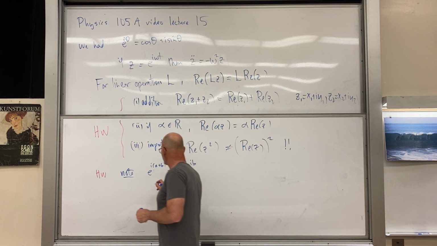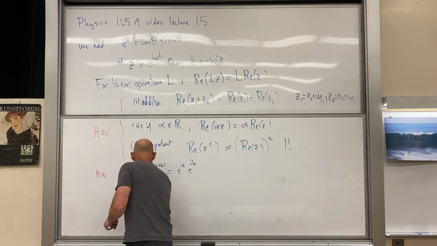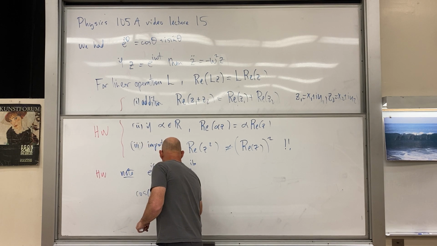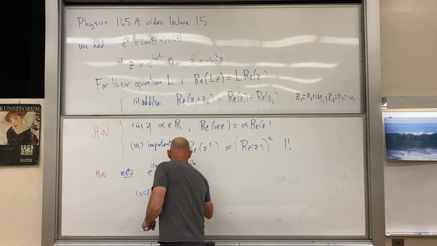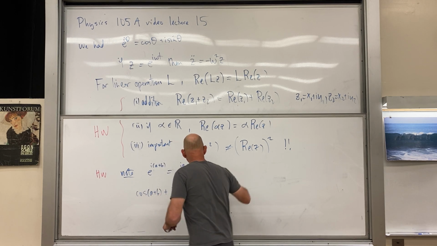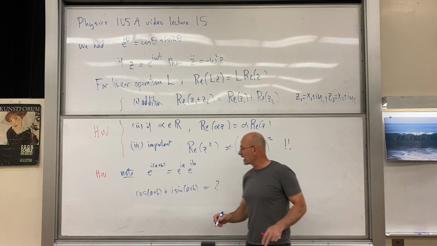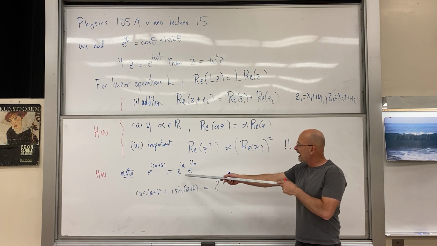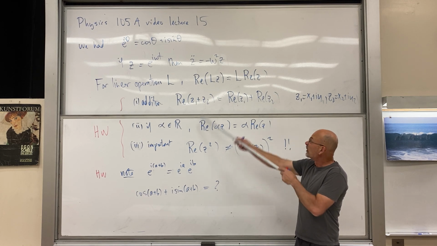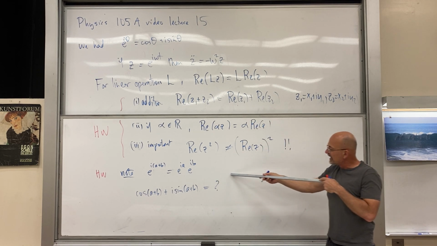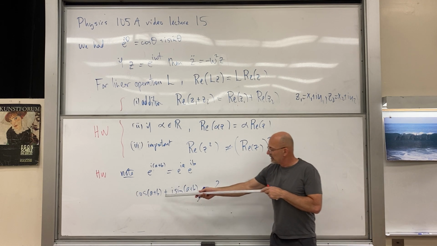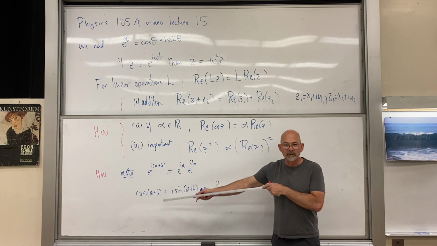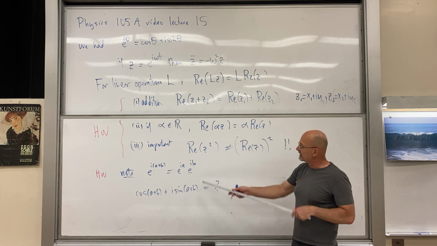I'll do on the left side here cosine(a plus b) plus i sine(a plus b) equals question mark. Here's the thing. I just filled in the left side here. If you guys do the right side according to Euler's formula and multiply it out, you will get the cosine and sine sum formulas. They're just built right into here.